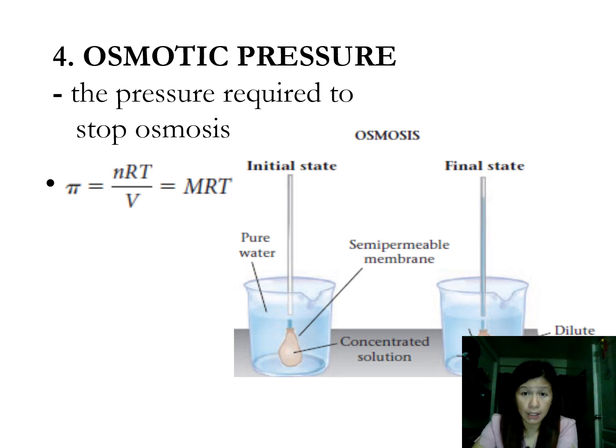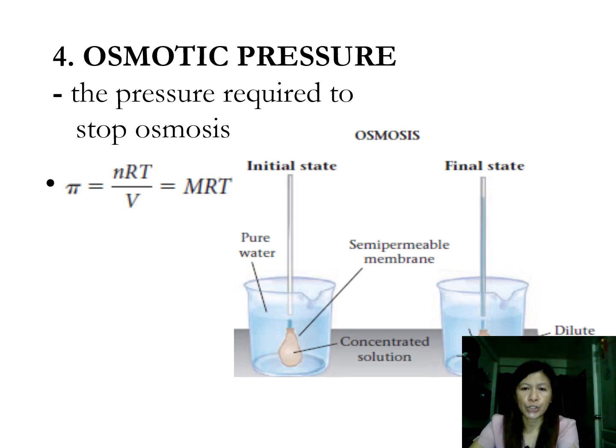So in this illustration, we have two systems. The first beaker contains pure water and a semi-permeable membrane with a solution that is concentrated. In the other, we have a dilute solution. So the more concentrated solution, which is the one in the smaller bag, means higher solute concentration.